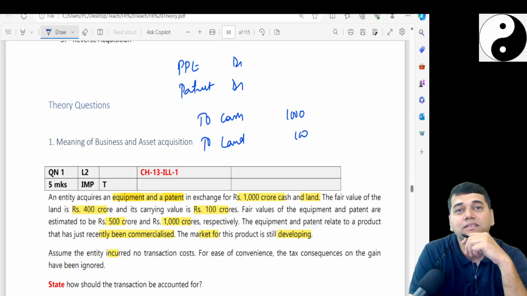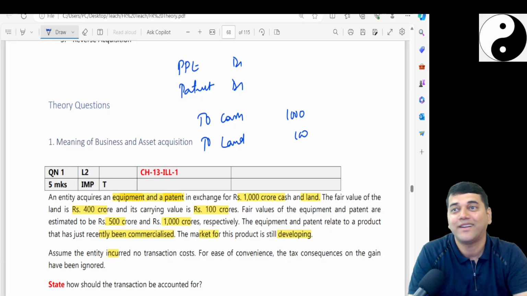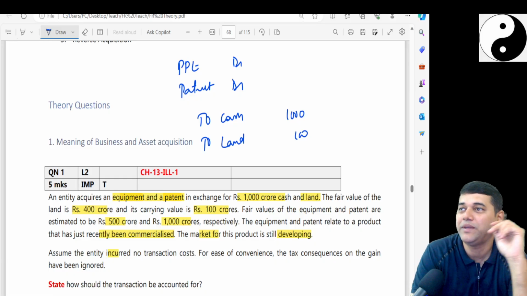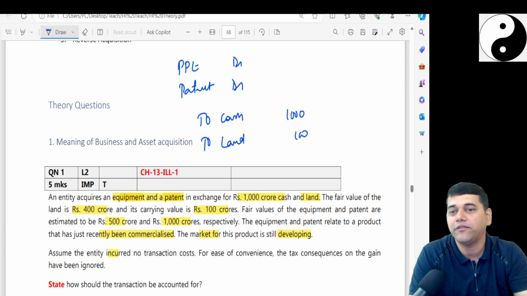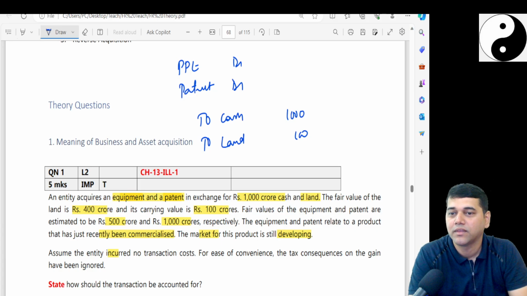Now we will go back to PP. Which is fair? What is the total purchase consideration you have considered? What is the fair value of the equipment and patent? 500,000.